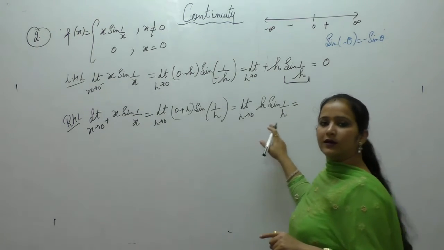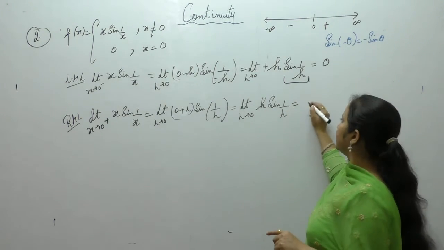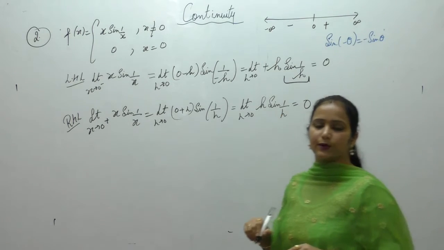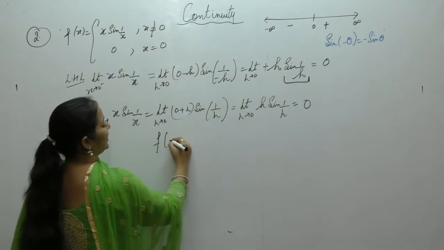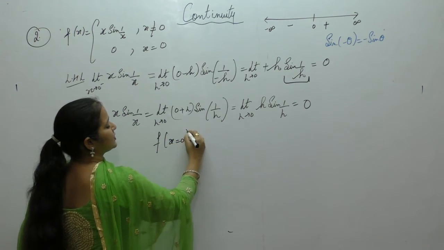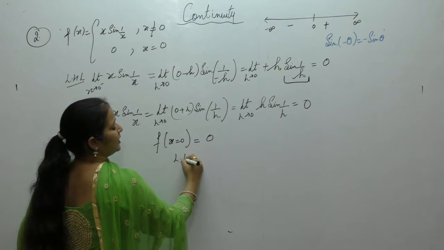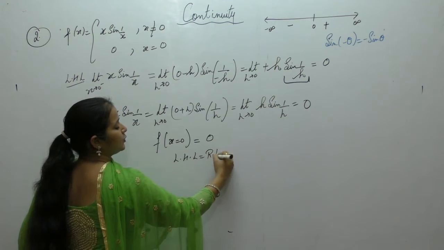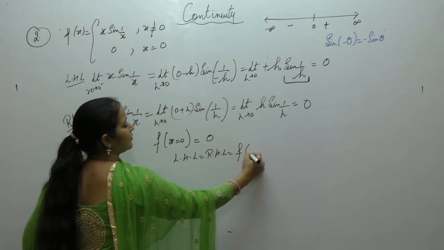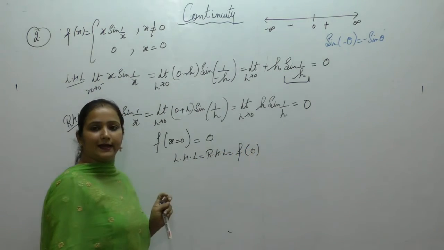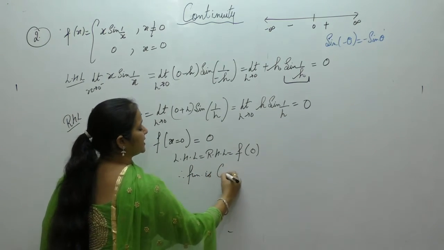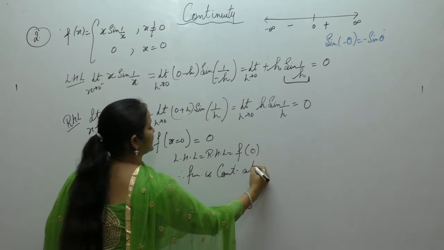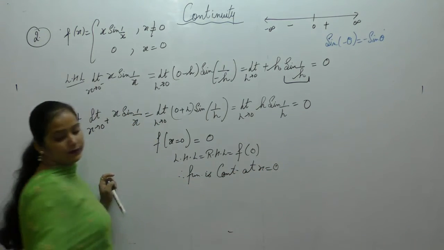H is 0, limit h tends to 0, so 0 into something is 0. And the value of the function at x equals 0, the function has value 0. So left hand limit is equal to right hand limit is equal to the value of the function at that point. Therefore, the function is continuous at x equals 0.